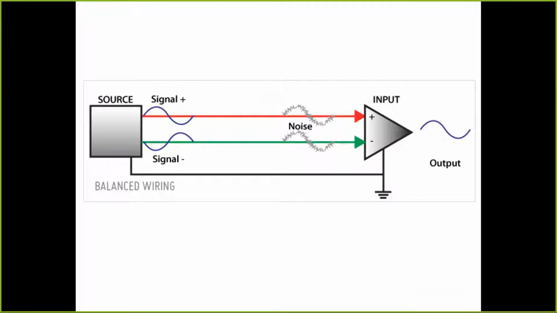When noise gets introduced into those two wires, it is introduced on both conductors in the same polarity. And so on the input stage, which inverts one wire from the other, it's canceled out and you have a clean output.